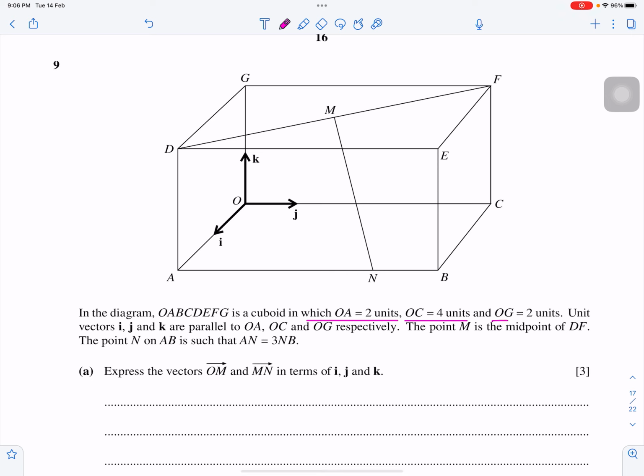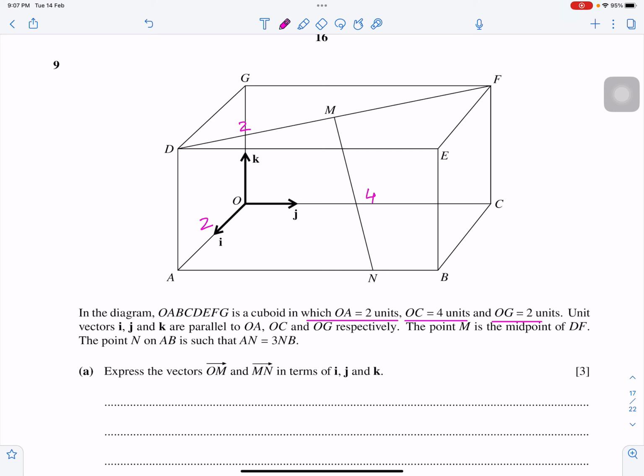And then OG is equal to 2 units. So this is OG going from here till here. It is 2j, 2k, sorry. Now we know that this is 2, this is 4, and this OG is also 2 units.